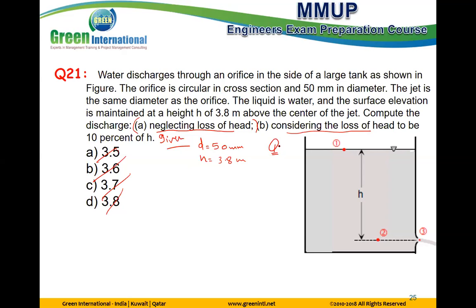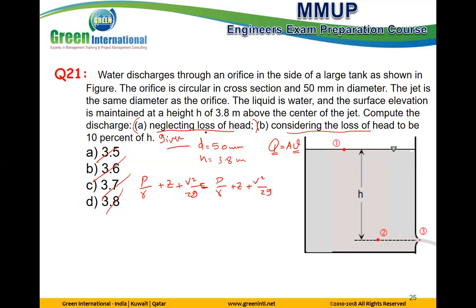To calculate the discharge, we need the velocity. So the equation to get V: P over gamma plus Z plus V squared over 2g equals P over gamma plus Z plus V squared over 2g.